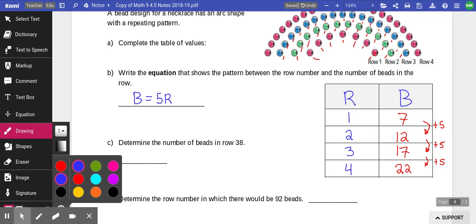We need it to be 7. Yeah, plus 2. It's plus 2 because I'm too short every time if I was to try it. That means I must have started with 2 beads and I'm going up by 5 every single time to add another row.